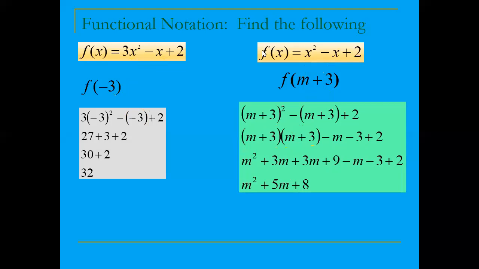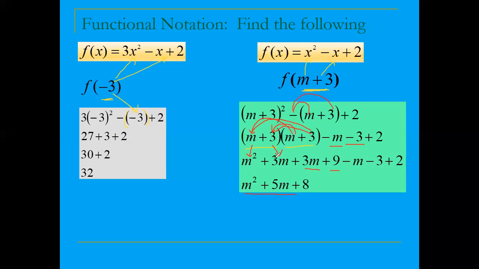Sir, please can you go over the f of m plus 3 once again, please? Yeah, the multiplication is m plus 3 squared is the same as when we say something squared, it means the same thing times itself. Okay, so it will be m plus 3 times m plus 3. So when you are multiplying, you either distribute this way or you can distribute that way. So m times m will give you m squared.